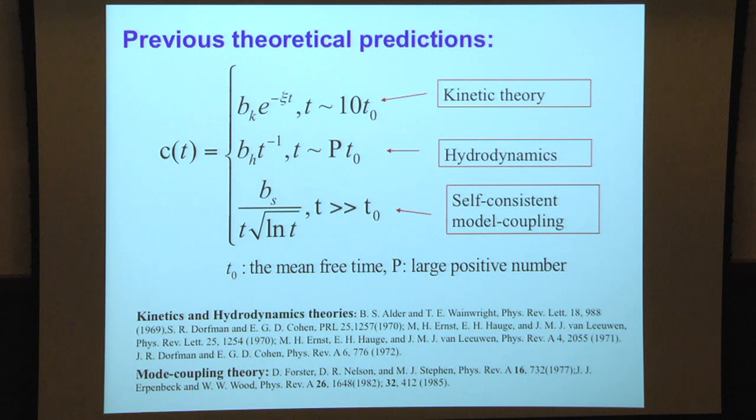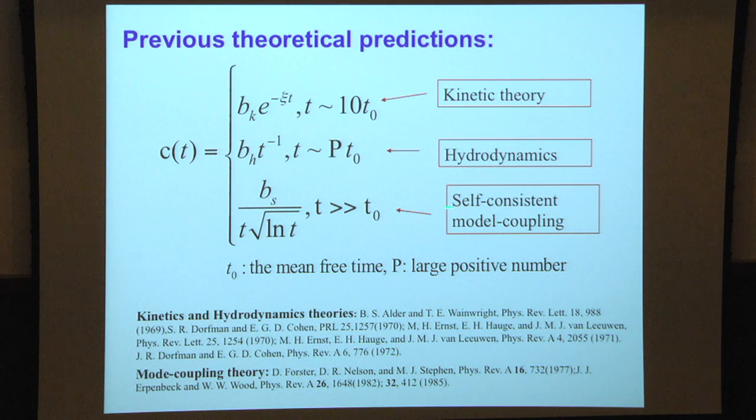In previous theoretical studies, we have a lot of knowledge about this system. That is for the transient process. The kinetic theory predicts that there is an exponential decay stage, and the linear hydrodynamics predicts there is a power law t^(-d/2).